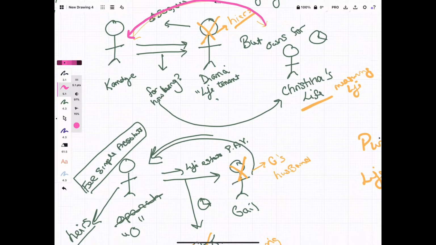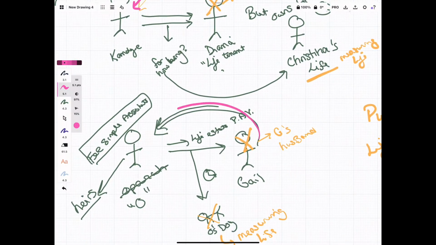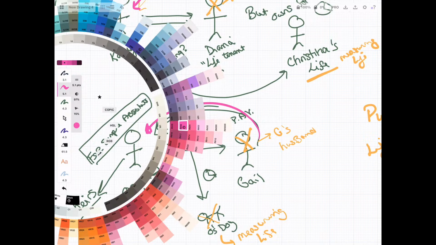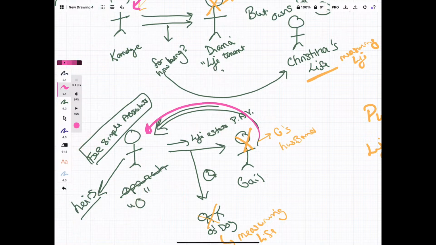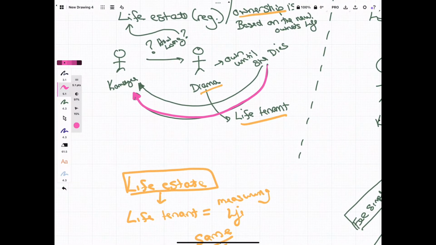Or in this case, it went back to Oprah. All right? But what if, and I just used pink for that, let's just use a wavy line, there's an option where instead of going back to me, it could go back to a new person. It could go back to Samantha.